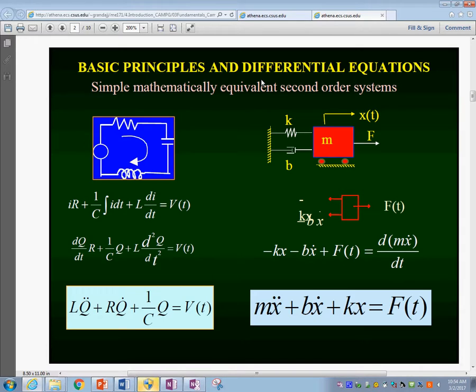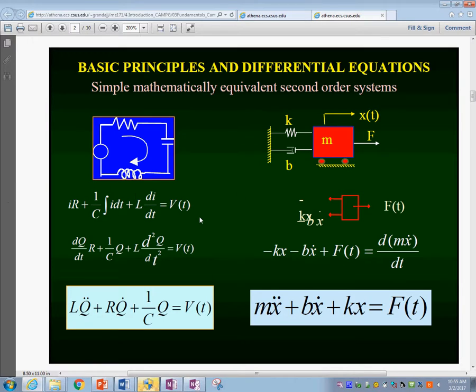Here we have some very basic principles. On the left, we have the differential equations that control the dynamics of the circuit and the corresponding second-order differential equation. The one on the right shows us the differential equation of a mechanical system.